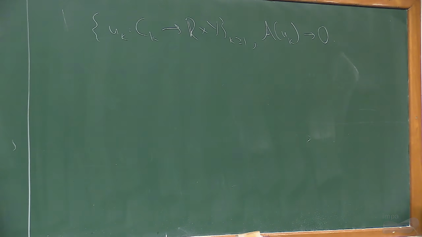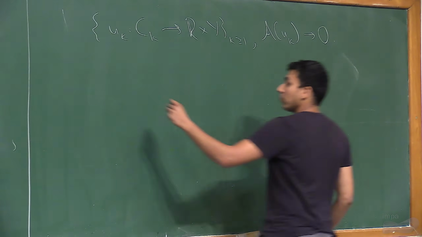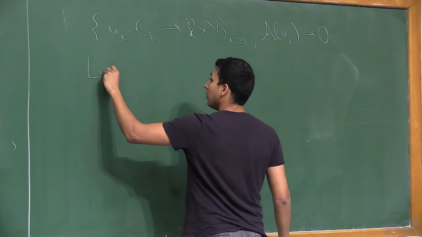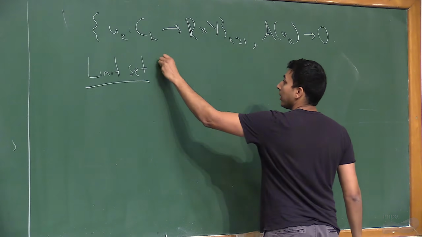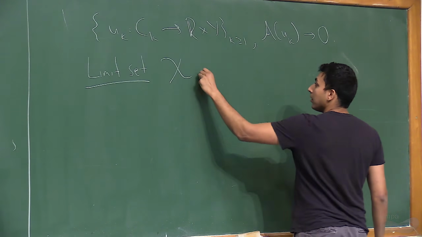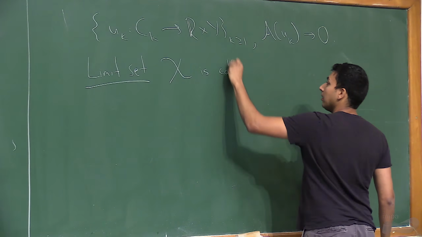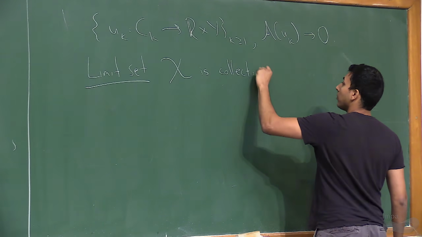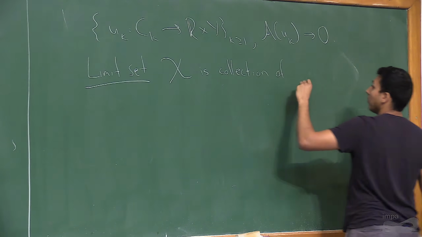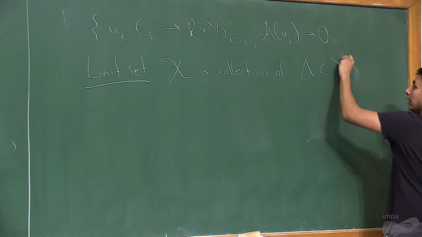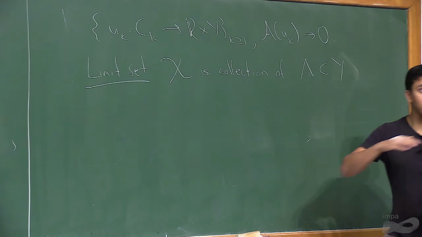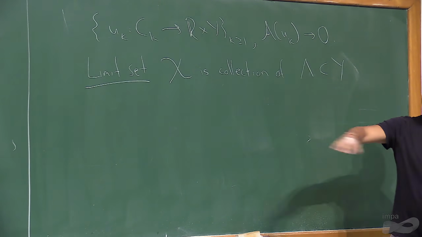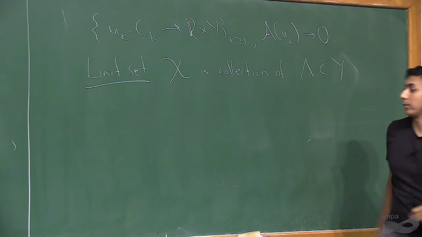All right, so with this in mind, I'm going to make the following definition. So the limit set, which I'll write as X, is the collection of subsets lambda in Y, which arise as a limit of level sets of this sequence of curves.